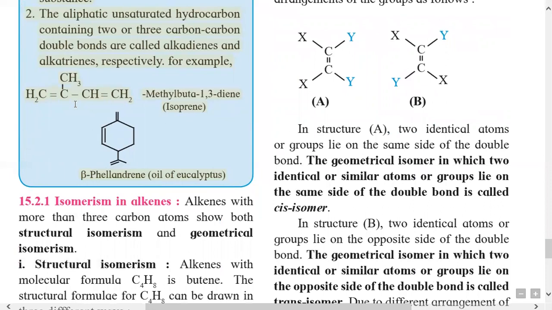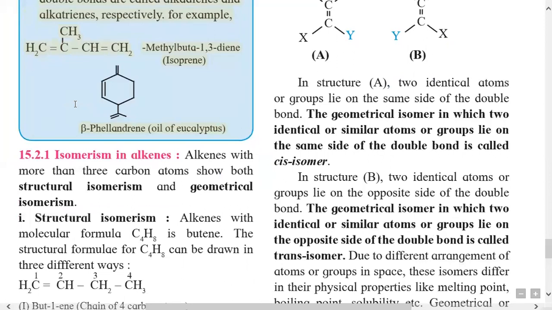Remember this well again. What is a cis isomer? In a cis isomer, similar groups are bonded to one side of the carbon-carbon double bond, and in a trans isomer, similar groups are bonded to the opposite side of the double bond.